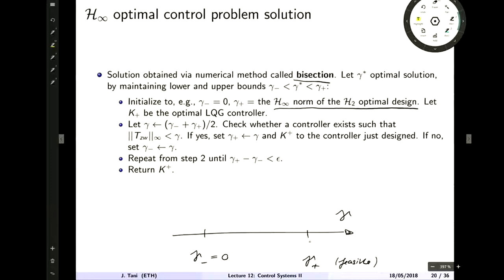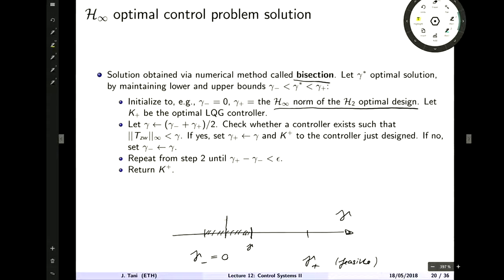And then we reduce this interval in the gamma space by always taking half. So we try another gamma here, and if it works, so if it's a feasible H infinity problem, we reduce our search to this space. So we try the one here in the middle, right?